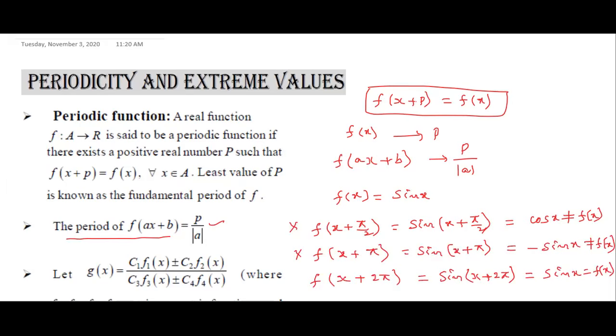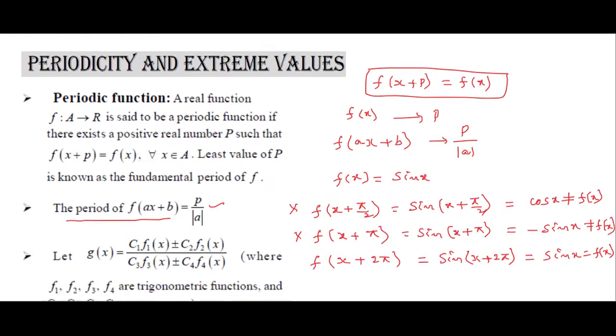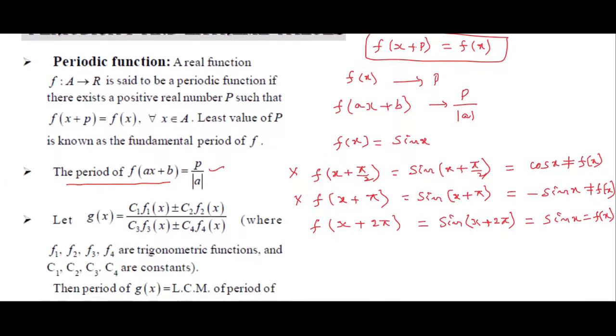Students, only if I take f of x plus 2 pi. So finally, observe the p values: 2 pi, 4 pi, 6 pi, 8 pi, and so on. All these values satisfy the periodic condition.